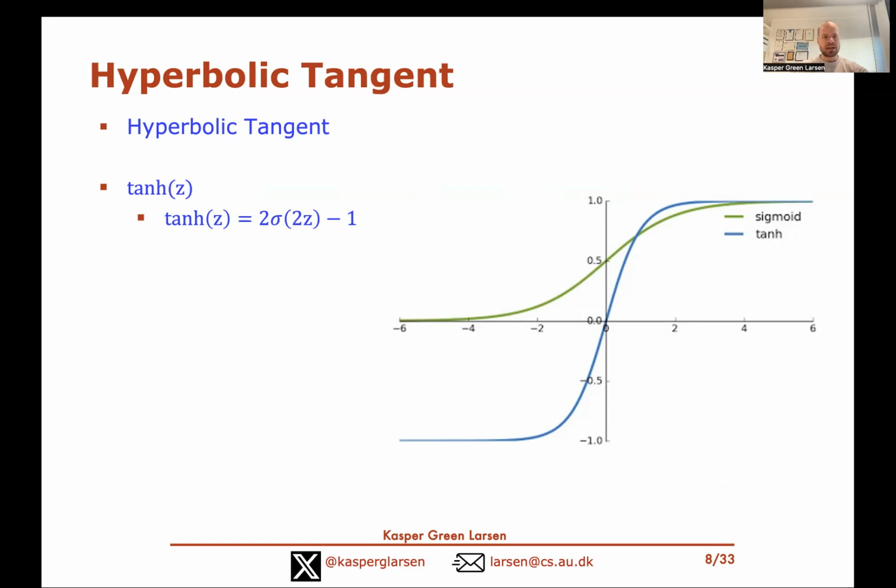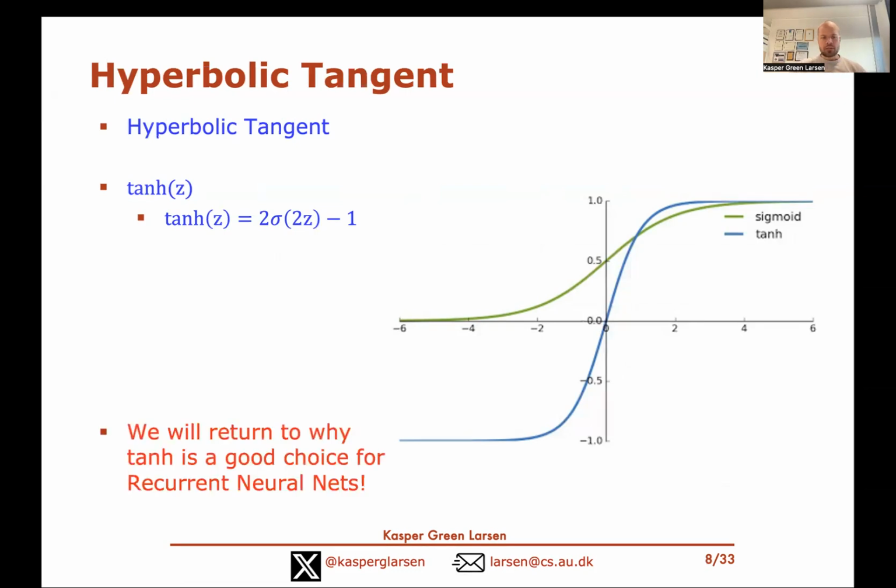This is the function that we're going to use as activation. In the next video, we'll talk about why this is a good choice of activation function for recurrent neural nets, and we'll also discuss briefly why neurons such as ReLU, the rectified linear unit, might not be as appropriate for recurrent neural nets as the tanh function. Okay, but let's get back to that later.